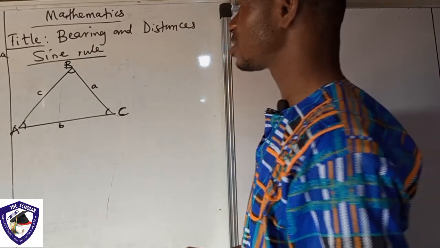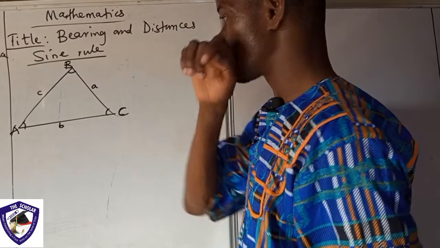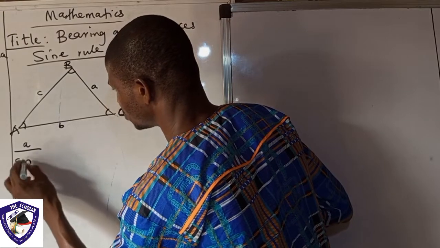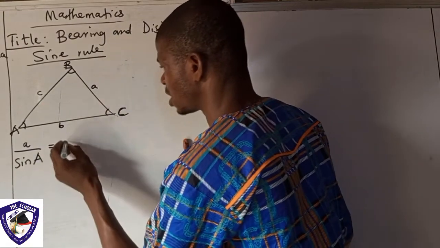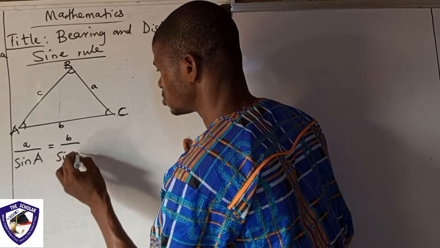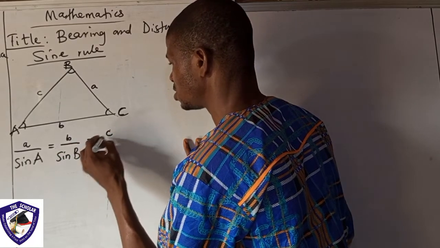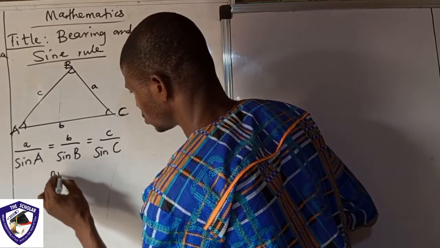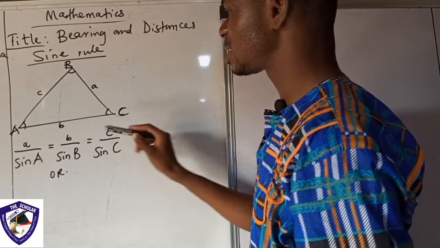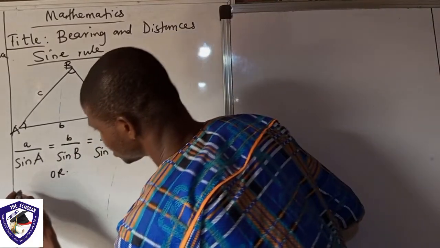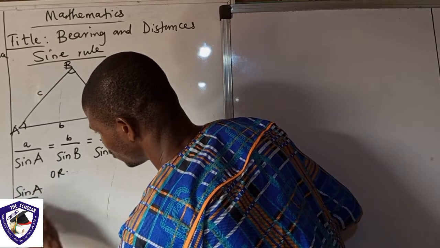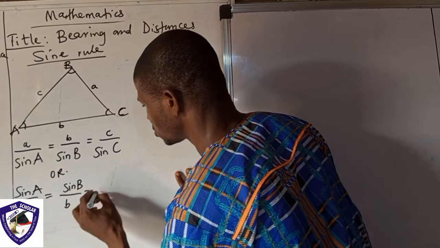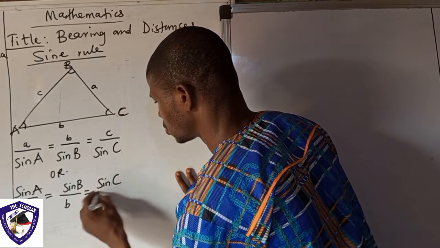So give me a triangle of this nature, and you are using your sine rule. The law states that side a over sine of angle A is equal to side b over sine of angle B is equal to c over sine of angle C. Or we can reciprocate what we have here as sine A over small a is equal to sine B over small b is equal to sine C over small c.